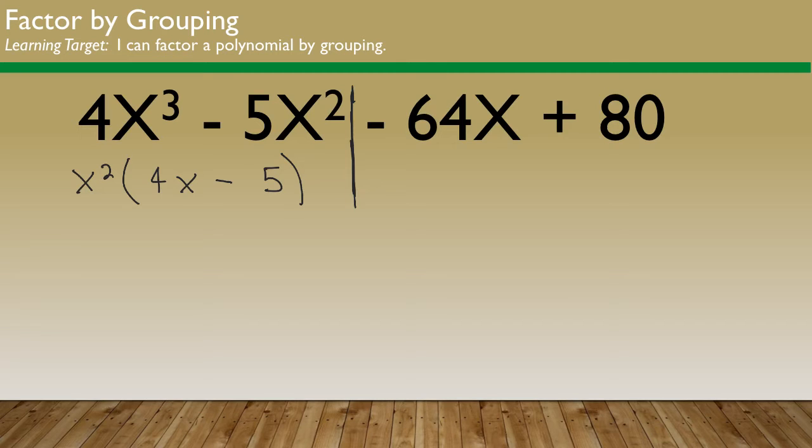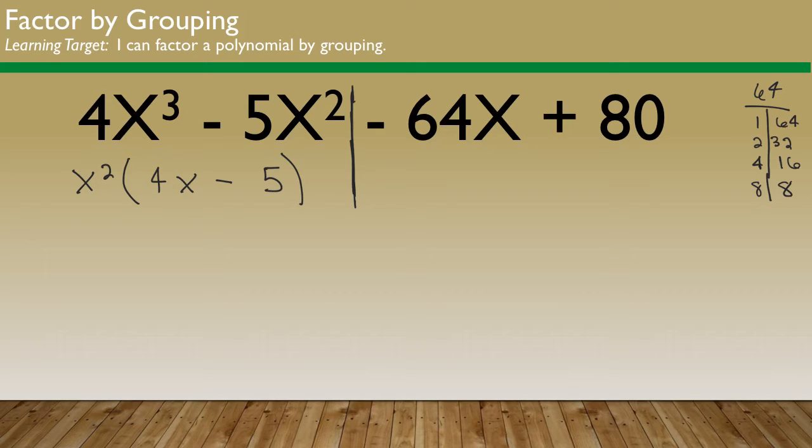factors of 64 and 80. Let's see here. I'm going to factor 64 over here and see what 64 and 80 have in common. So 1 and 64, 2 and 32, 3 doesn't work, 4 and 16. 5 is not a factor, 6 is not a factor, 7 is not a factor, but 8 and 8 are factors.